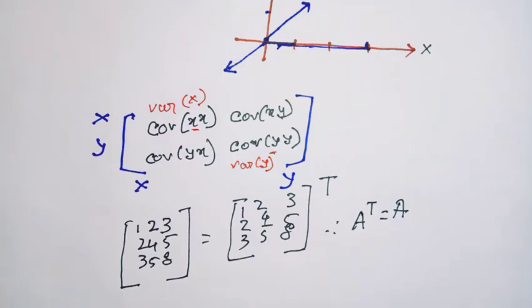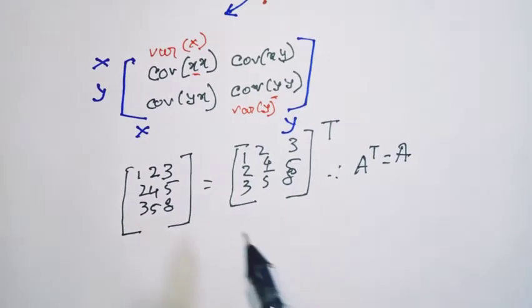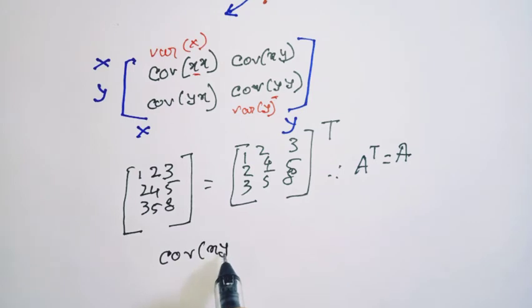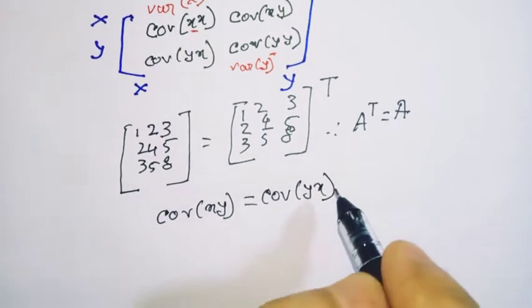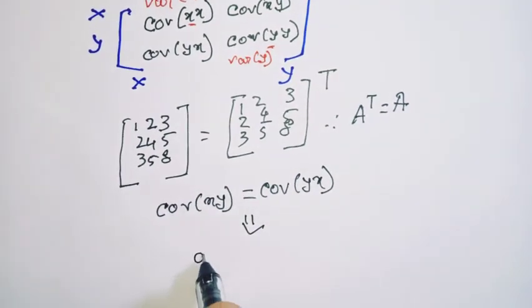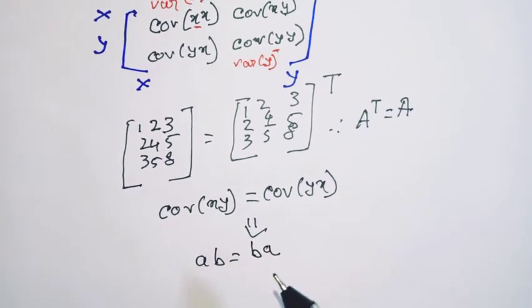Now, from here, what I can show you is that the covariance of x and y will be equal to the covariance of y and x, just in the way that, for example, the values of a and b equal the values of b and a.